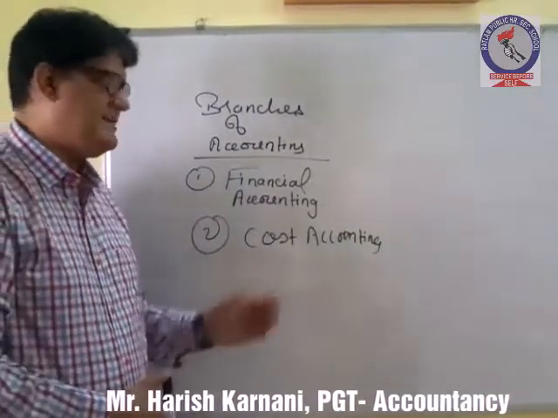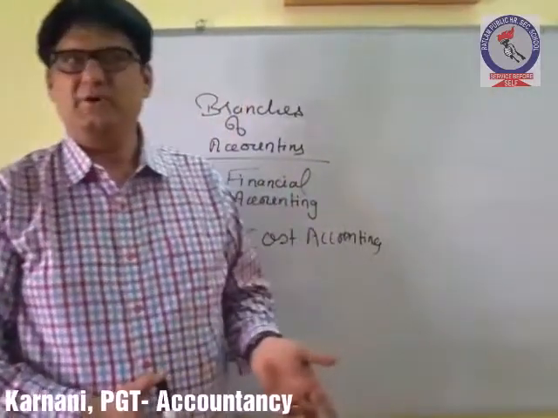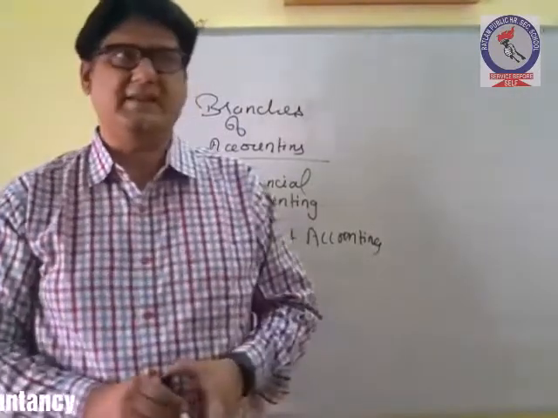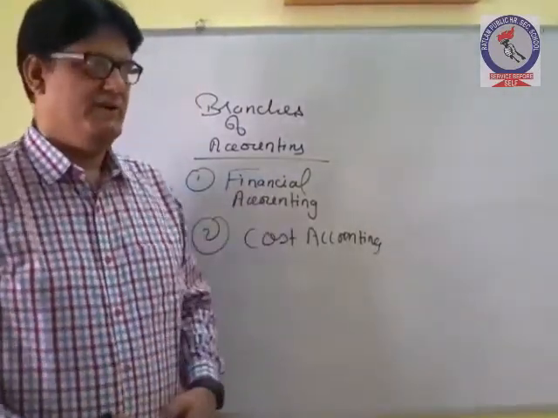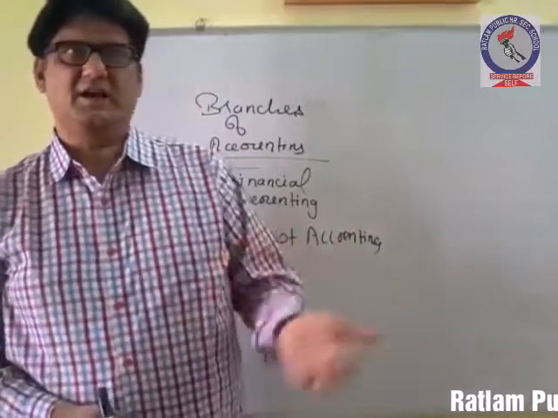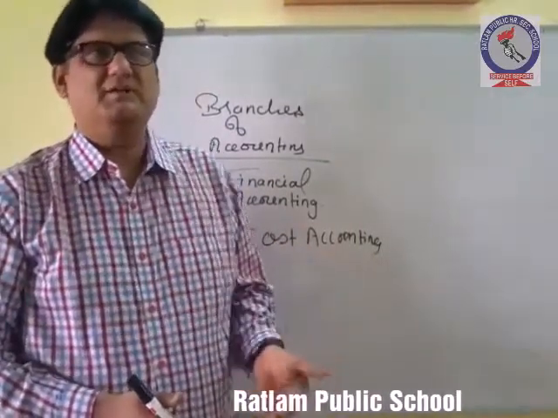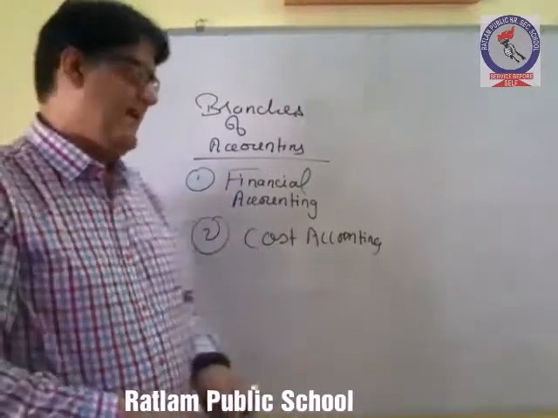Ultimately this accounting helps in determining the price of the product, and it also helps the management in taking decisions related with the total cost incurred and whether they have to reduce the cost of the product or not.